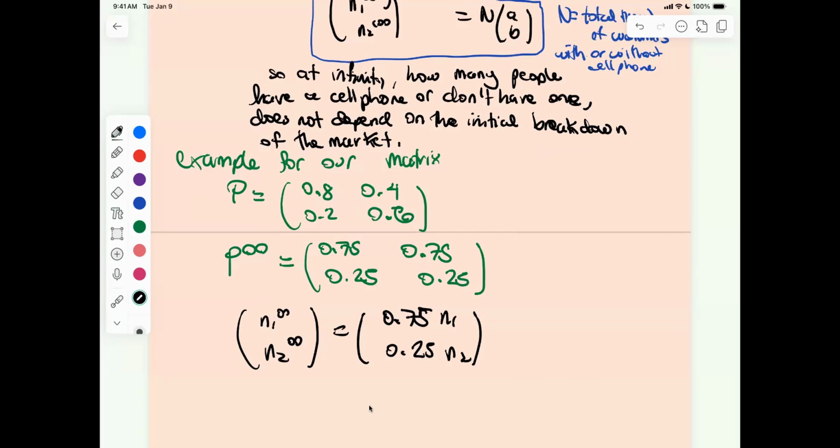Oh, sorry, it should have been N, it's big N. Right, because it just depends on the total size, not the individual sizes that you started with.